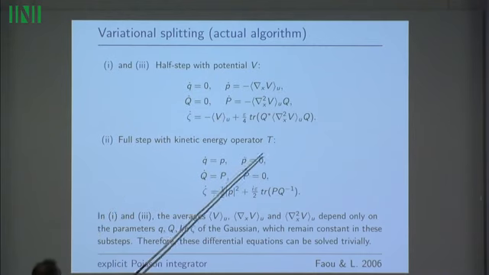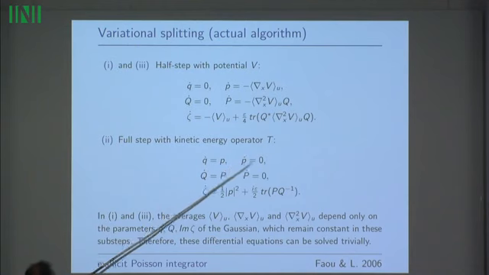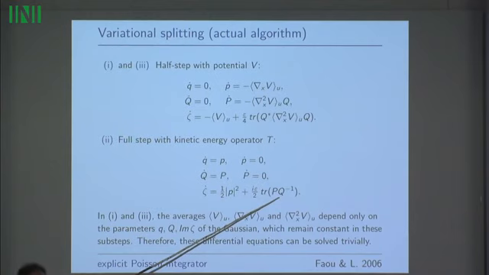And for the kinetic energy operator, it's the momentum which doesn't change. It's just the position which changes in a trivial way. And all of this equation then can be solved analytically. This makes some logarithm appear here. And so we can solve each of these steps explicitly, cheaply, and the only cost actually is in computing these averages.